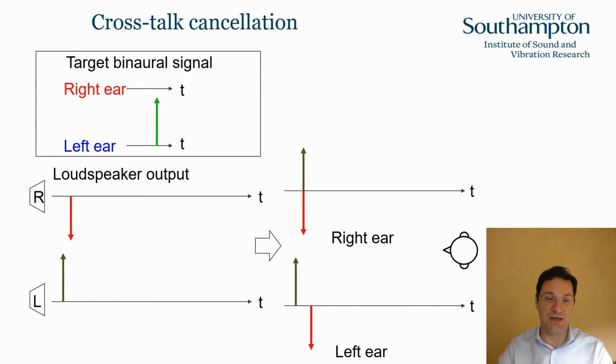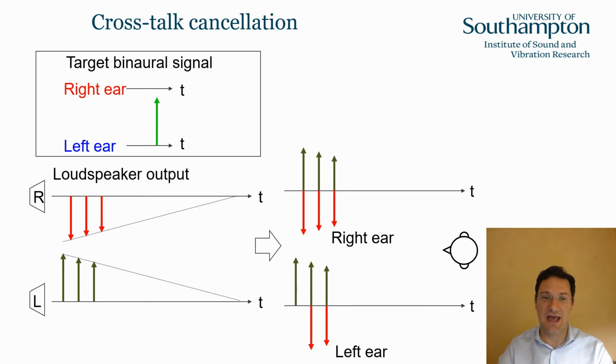So we can now generate another pulse with the left loudspeaker that's going to cancel the spurious spike at the left ear, but obviously is going to leak into the right ear because of crosstalk. So we can generate another pulse in phase opposition at the right ear, and so on and so on. We're going to apply a recursive process to cancel all the crosstalk.